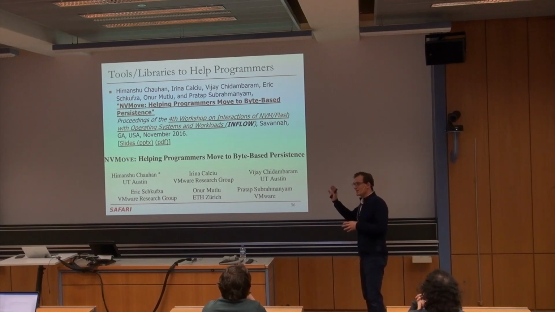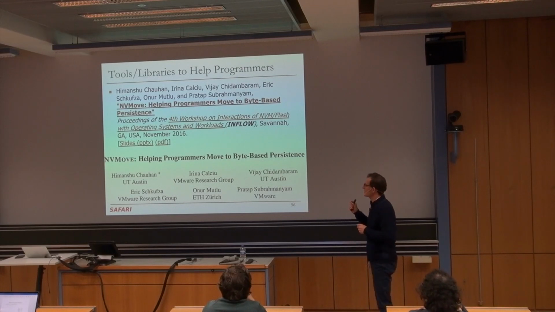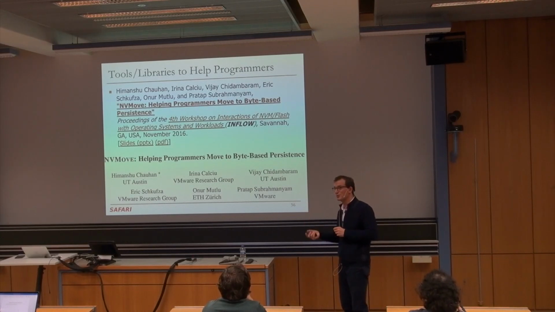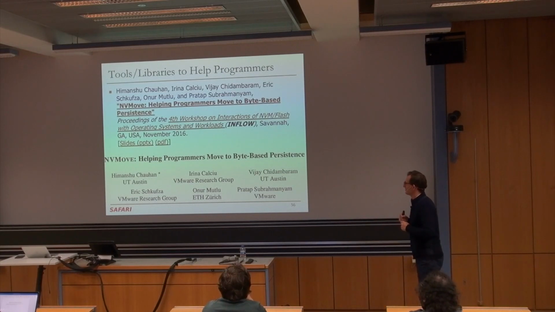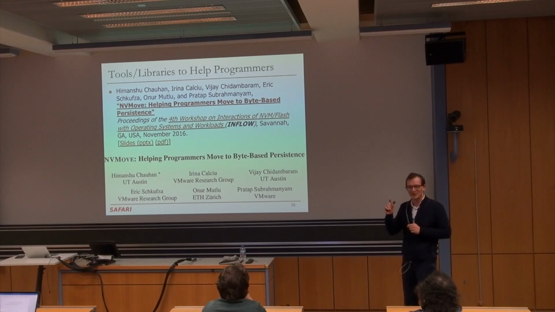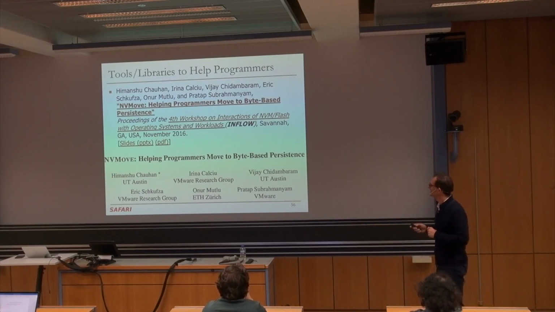But the problem is that the file system mindset is a totally different mindset. You're not really directly modifying memory. So you really need to help the programmers move from the file system mindset to the memory mindset. And if you don't know what I say, try to convert your file system-based program to a persistent memory-based program, and you will know what I say, I think.